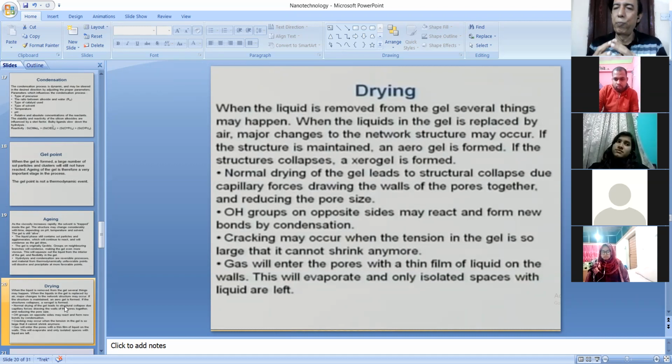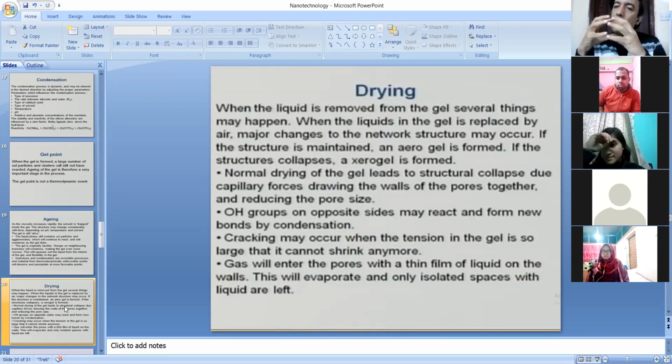In a gel, it must have a three-dimensional structure, and inside the three-dimensional structure, there are some liquids. Now, when you start drying your gel, that means you have to remove the liquid inside the three-dimensional structure.